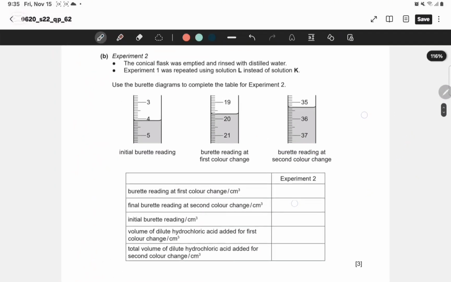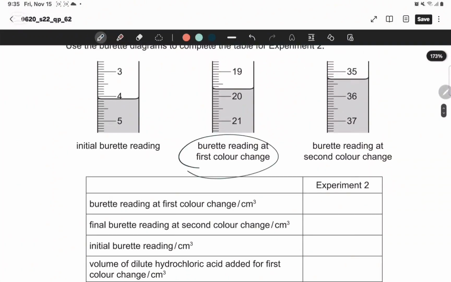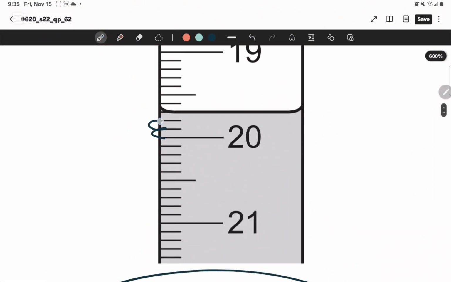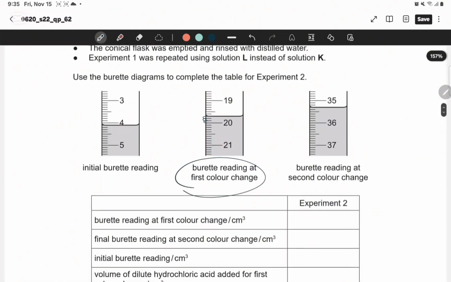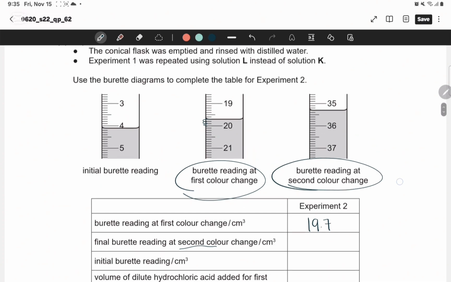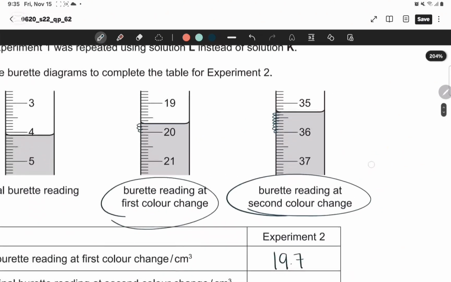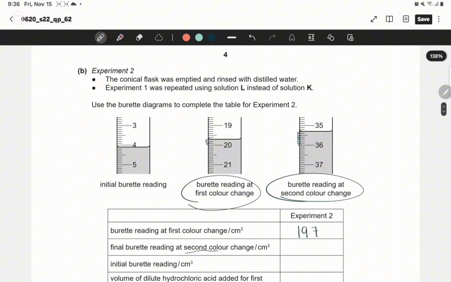And we're gonna do the same thing for experiment 2. Burette reading at first color change over here. So 1, 2, 3. 20 minus 0.3, it's gonna be 19.7. And then final burette reading at second color change over here. So 1, 2, 3, 4, 5, 6, 7. 7 times negative 0.1, it's negative 0.7.